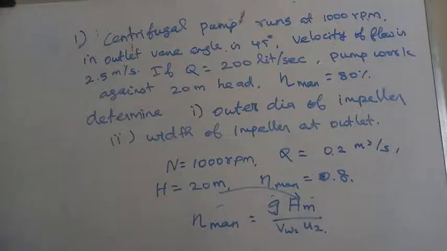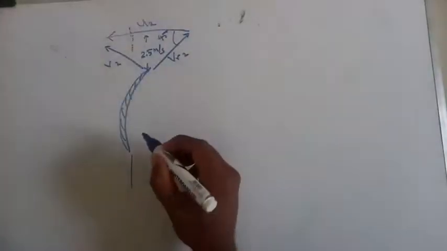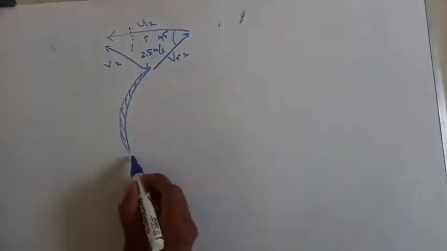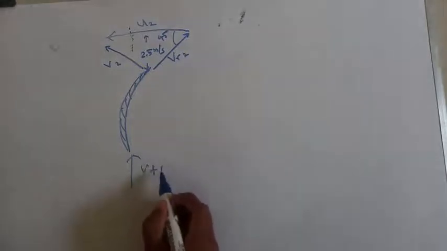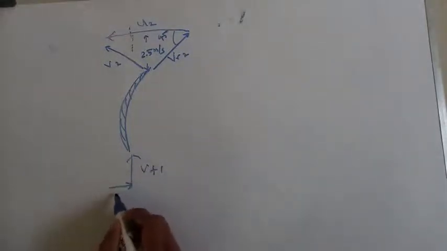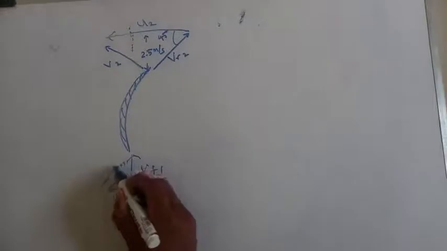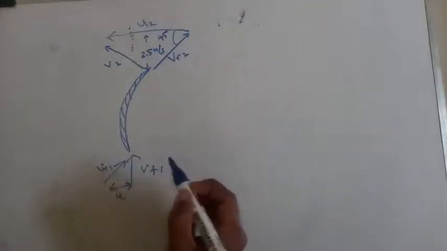Before solving this, let's draw the velocity triangle diagram for this problem. This is the velocity triangle diagram for that problem. I didn't draw the velocity triangle at inlet because it is not necessary in this problem.